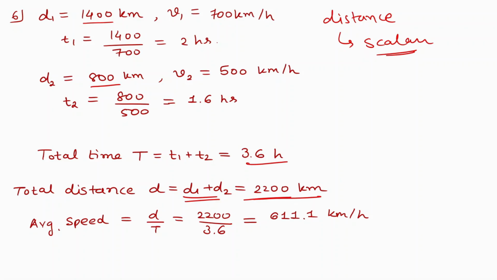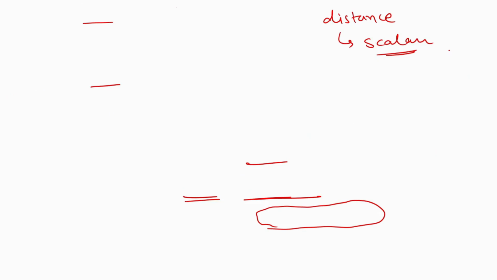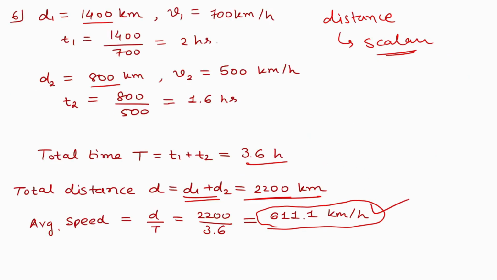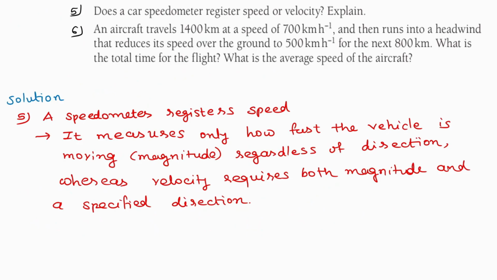Now, speed is d upon t, and with this formula you will get the answer in kilometer per hour, 611.1 kilometer per hour. Here they didn't mention in which unit you need it, kilometer per hour or meter per second. So you can answer the question like this. You didn't need to find it in meter per second; they didn't mention it. Okay, so this is all about questions number 5 and 6. I hope you understand these two questions.